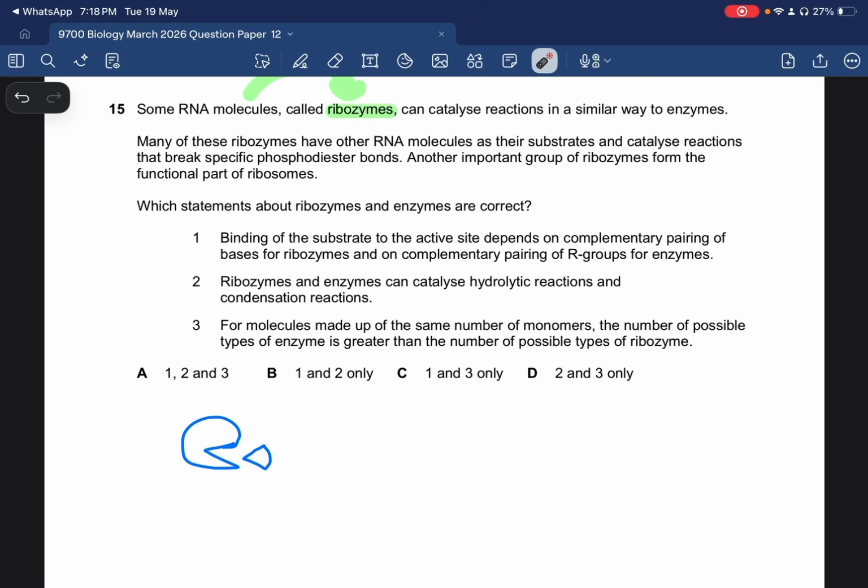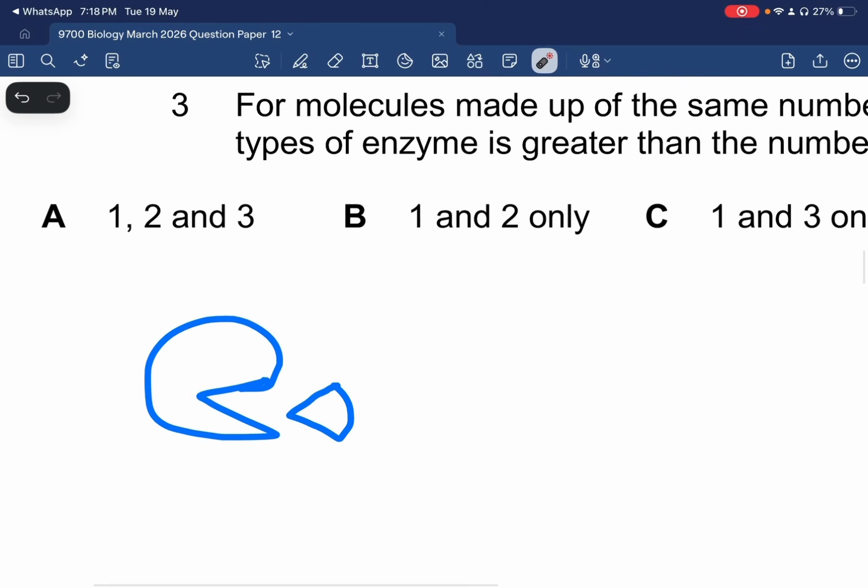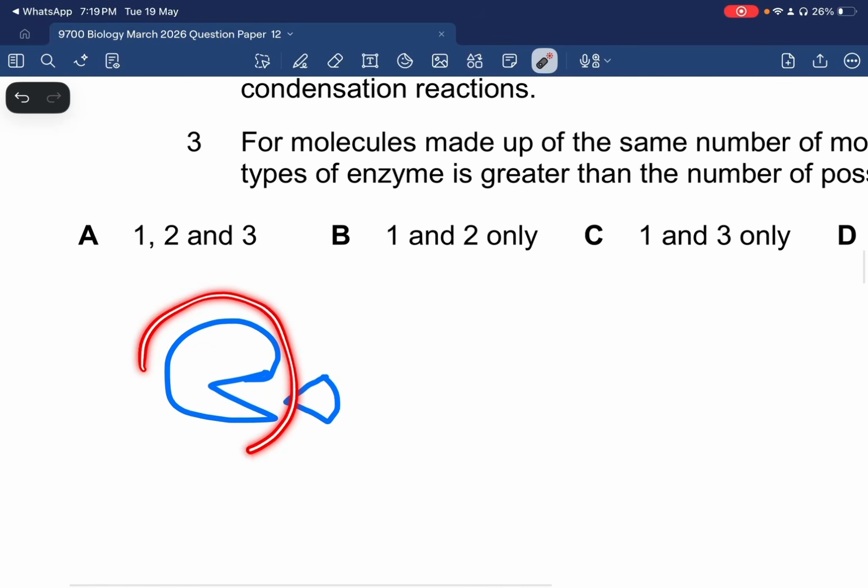Well, look at the molecules on the outer surface of the substrate. The R groups of these molecules and the R groups of the amino acids on the outer part of the active site on the enzyme form hydrogen bonds. Let me explain this again. What is an enzyme actually? An enzyme is just a biological catalyst, right?